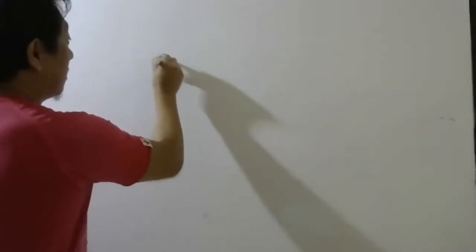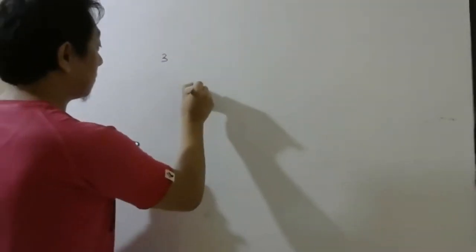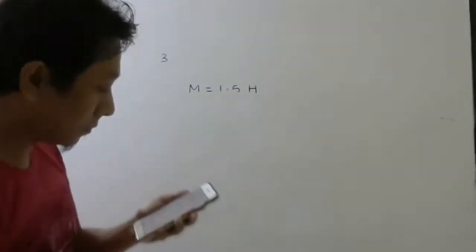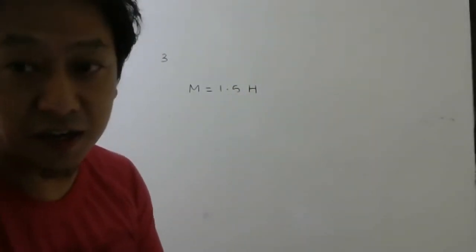Third question is based on mutual inductance. They are saying a pair of adjacent coils has a mutual inductance 1.5 Henry. H is Henry, the SI unit of inductance.